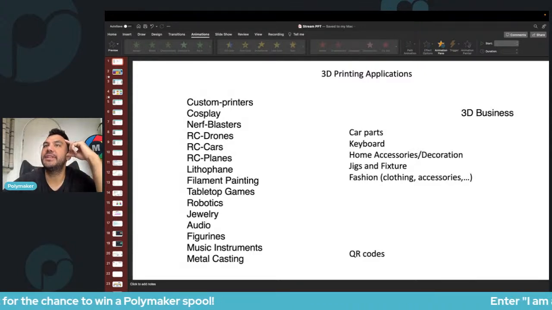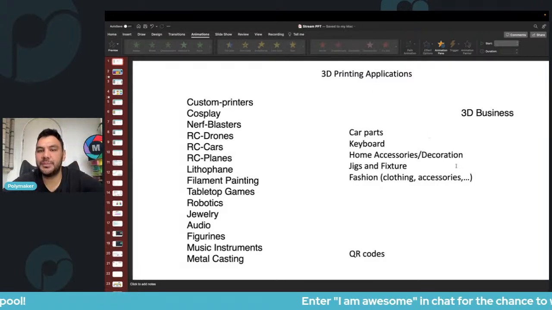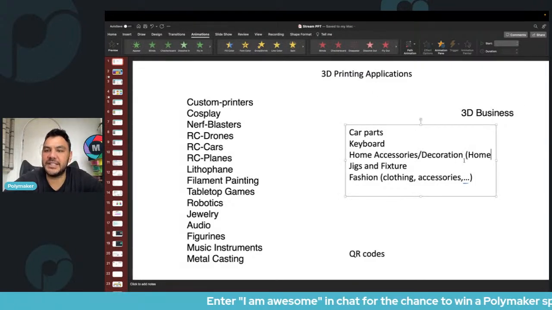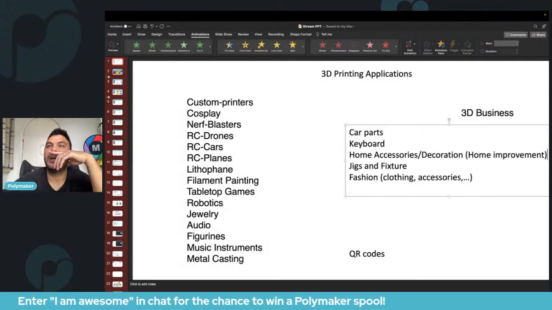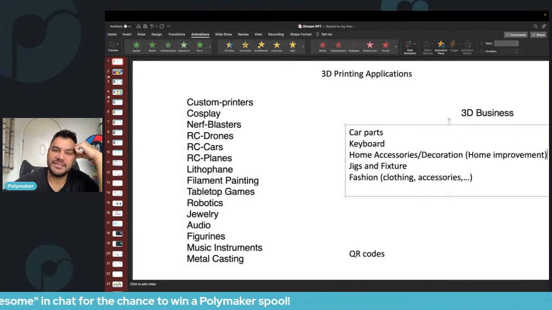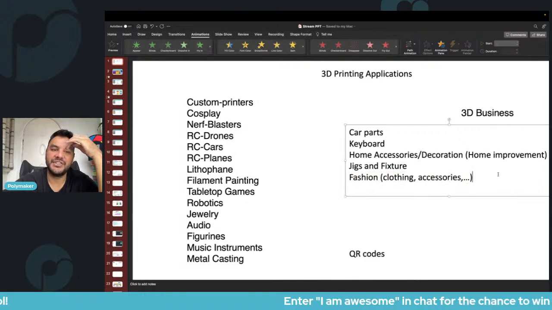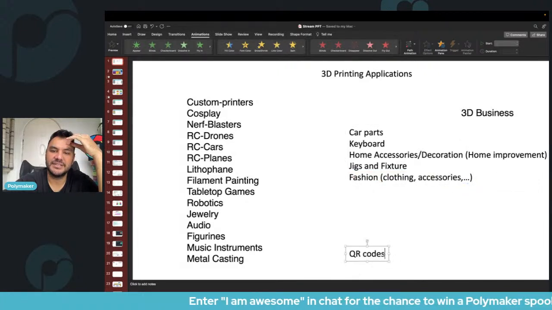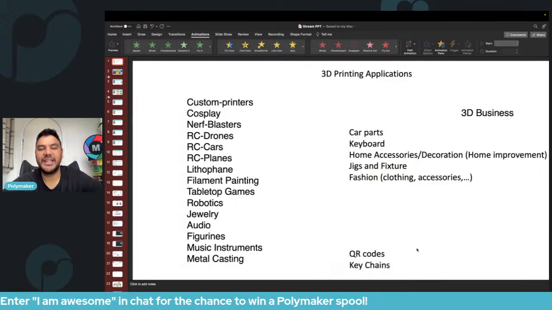Okay, what else do we have here? For example, we could call it home improvement. That's a good idea. Home improvement. Keychain. Would that be in fashion? Keychain. Yeah, you see, that's another niche one, but it's a good idea.